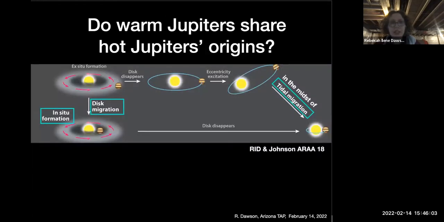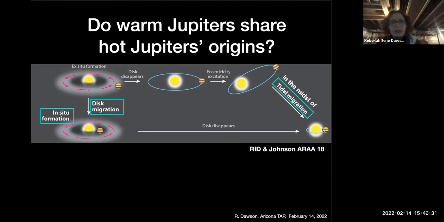We have the same question about whether these warm Jupiters, which are still closer to the star than we traditionally thought a giant planet would have formed, what kind of origins channels are they coming through? Is it the same mix? Is it one or the other? And they have the same possibilities: maybe they formed closer in than we expected, maybe they disk migrated there, or maybe they're in the midst of high eccentricity tidal migration.